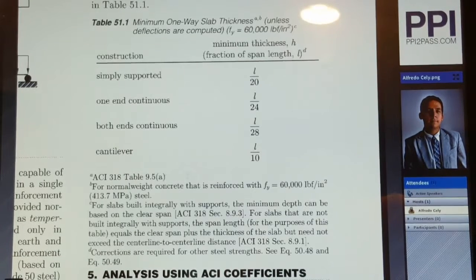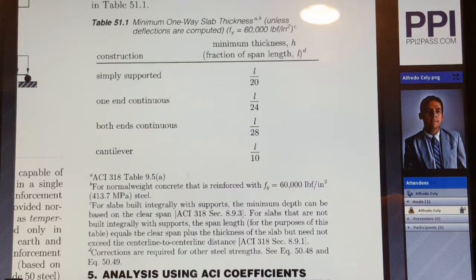Here we have table 51.1 from SERM, which provides you with minimum thicknesses for one-way slabs. Now in the left column you can see the type of construction for the slab: if it's simply supported, if it's continuous at one end, if it's continuous at both ends, or if it is a cantilever slab.